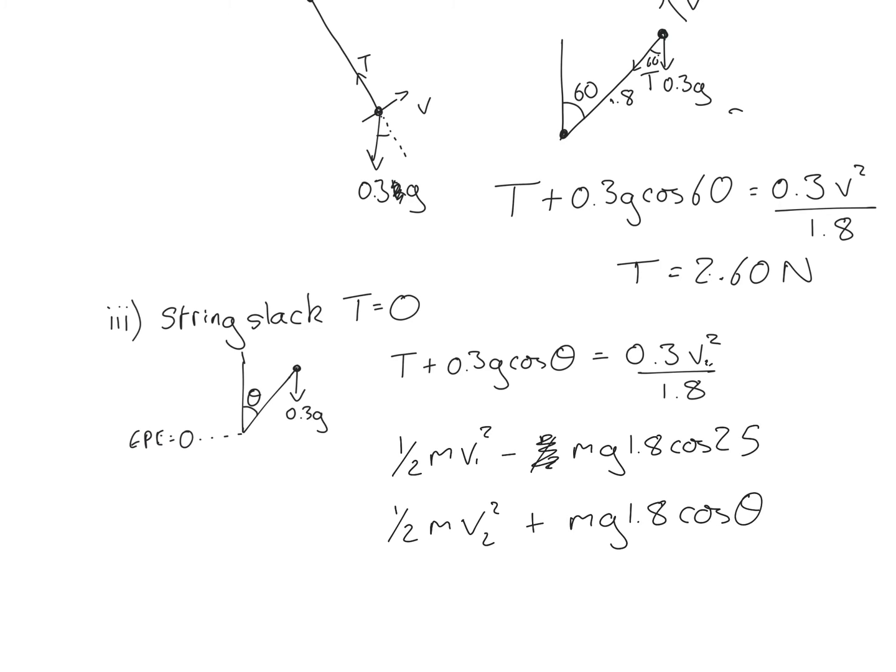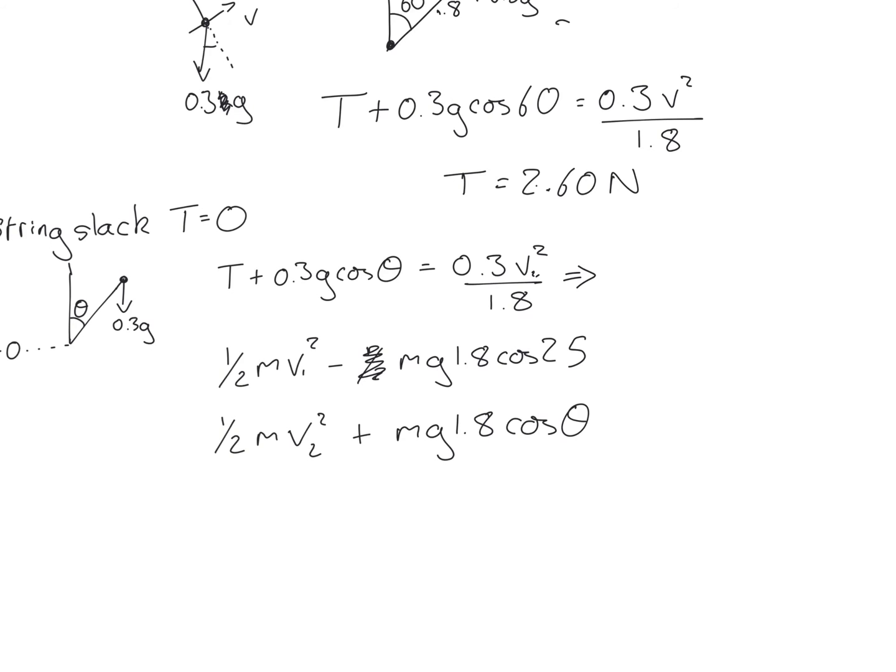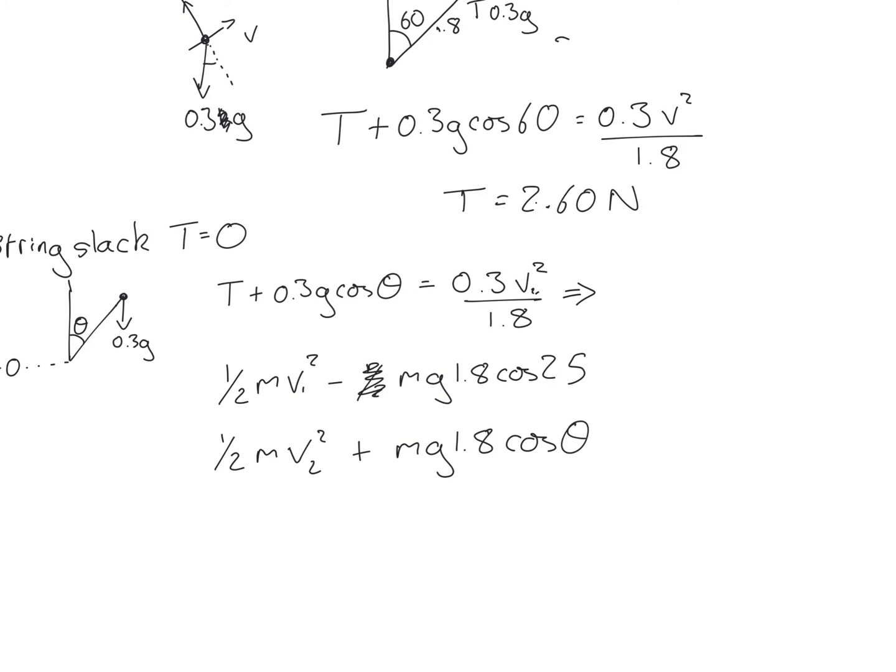So we can see from this equation at the top, we know that 1.8 g cos theta is, because T is 0, the 0.3's cancel, V2 squared.